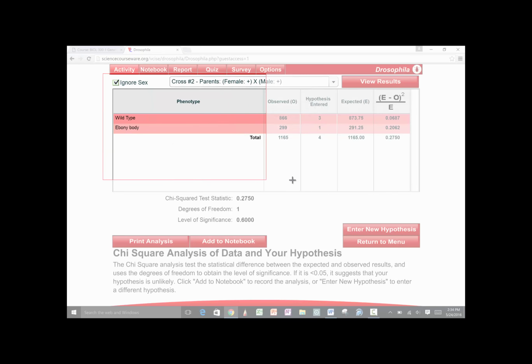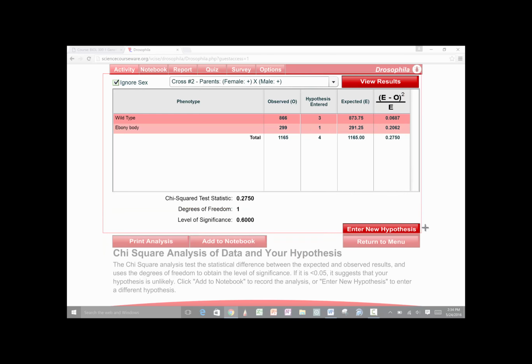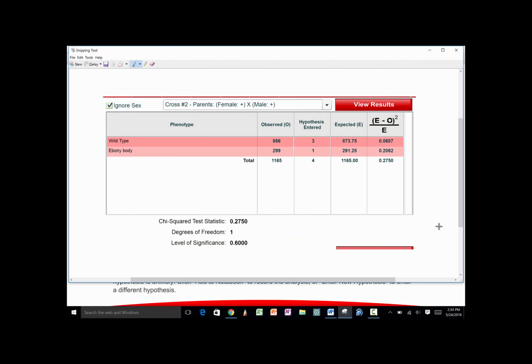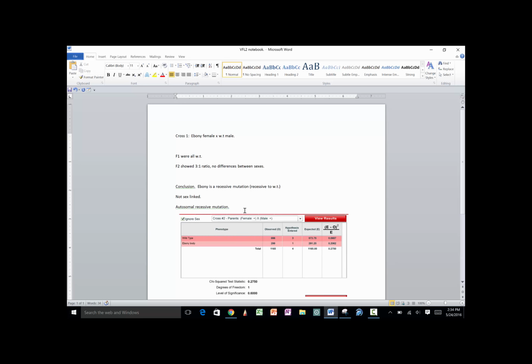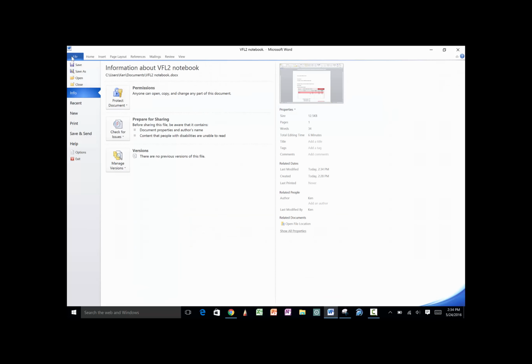Grab these, and this is usually basically all the results you need. The second cross, well, whatever results are important. So right now I'm just putting those in my notebook. If I wanted to put them in a different order in an assignment, I could come and grab stuff from here. So it's good to keep a notebook as you go, sort of a little electronic notebook.